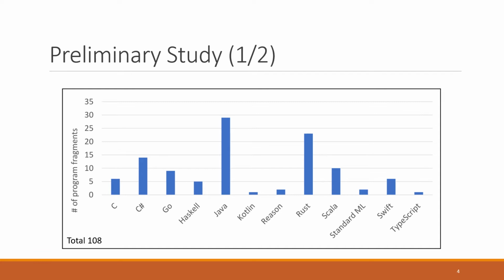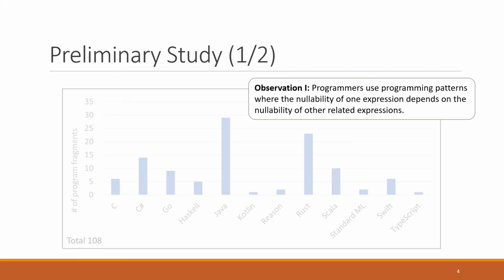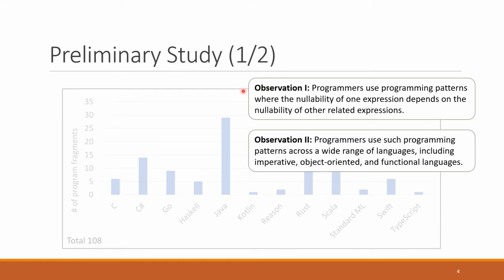Specifically looking at these program fragments, we make the following observations. So first, indeed this type of programming pattern does occur. Second, we see that it happens across many different languages. It happens in languages that only have null. It happens in languages that only have option, and also happens in languages that offer both.